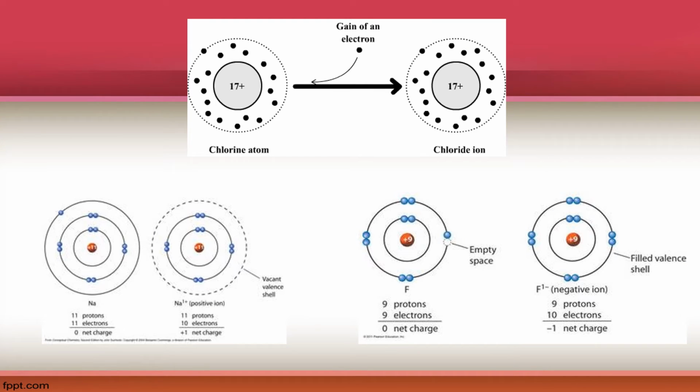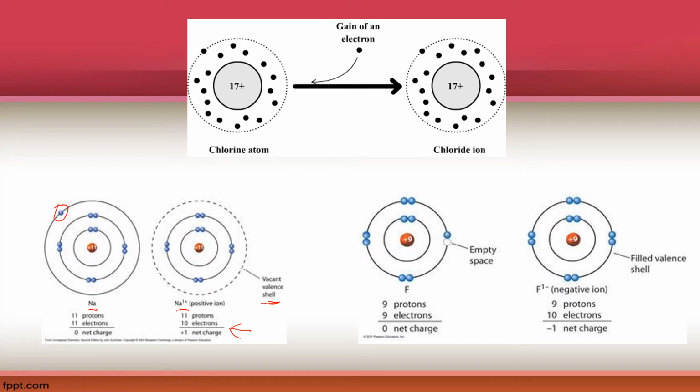So let's look at some examples of that. If we have sodium, this guy here, you can see that sodium has that 1 electron in the outer layer there. So if sodium loses that electron, this outer shell is now vacant, and hence we have a 1 plus charge, like it says down the bottom here. 11 protons, 10 electrons, so there's a net 1 plus charge.